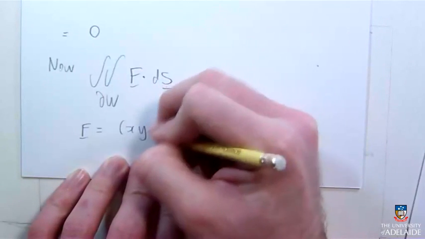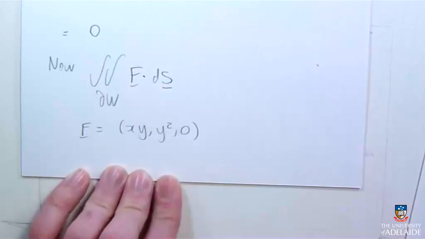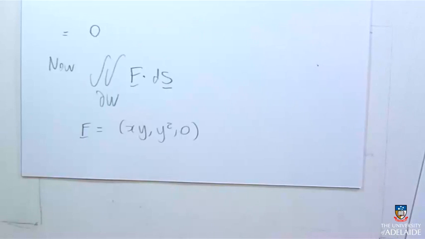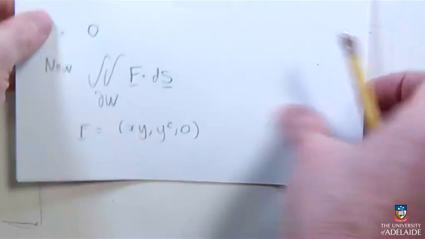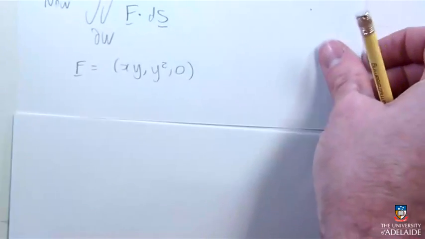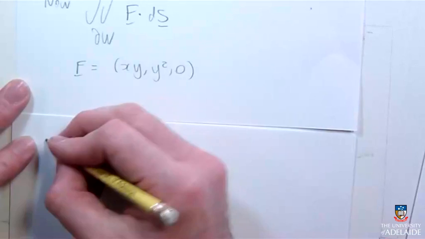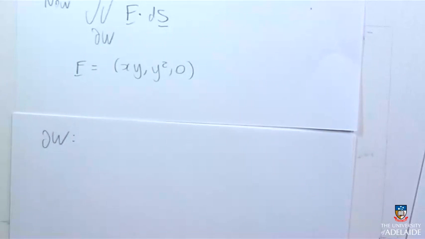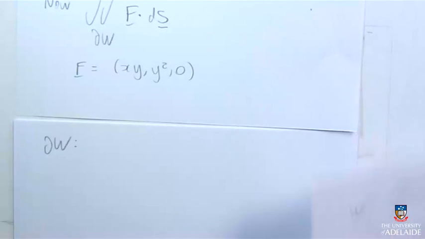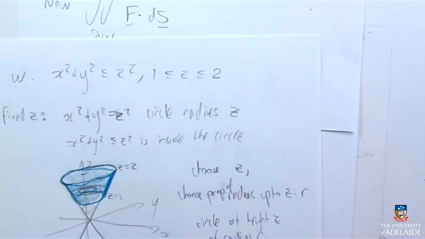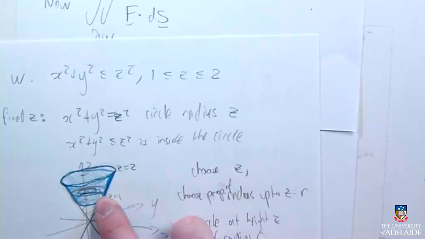Well, I changed it after that, but that's my F. I'm going to need to know what this is. Okay, so that W is a volume, which we drew earlier. This volume here.